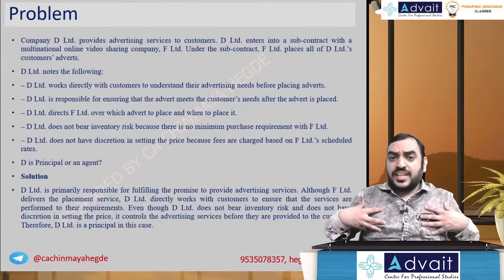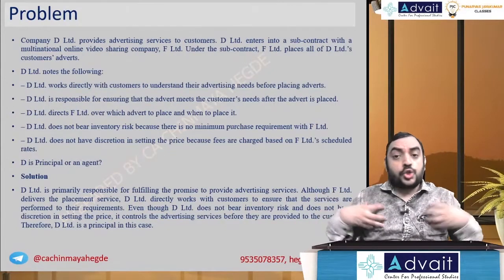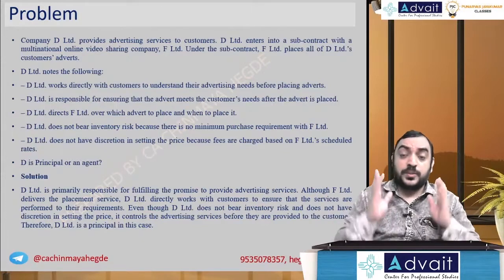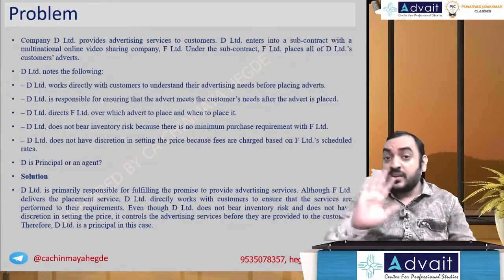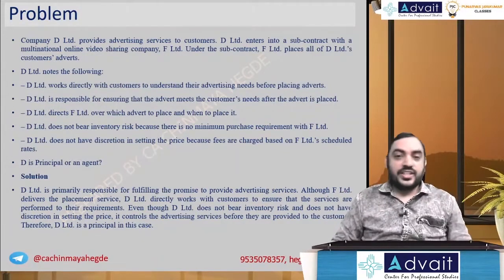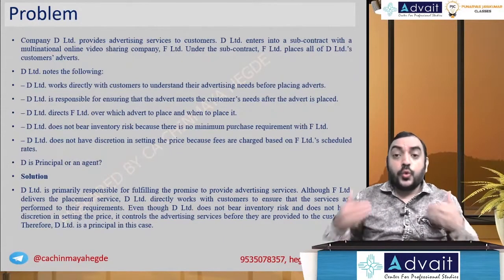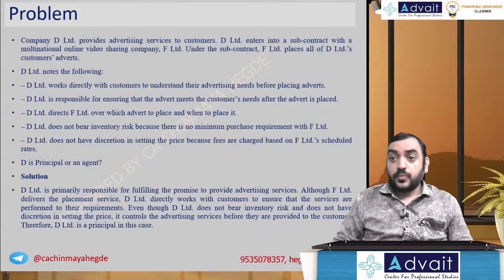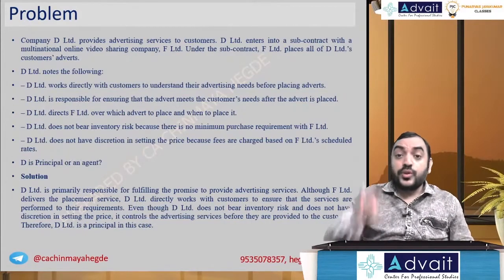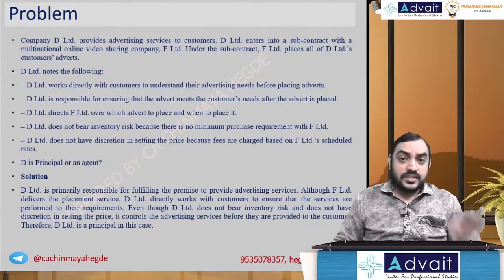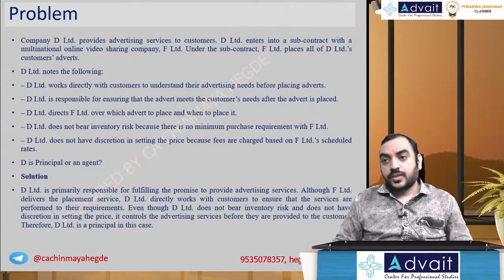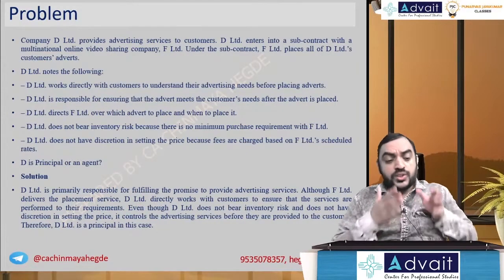Just because D Limited comes in between, you should not say D Limited is an agent. No, intermediary does not mean they are agents. The question comes down to the responsibility part of it. Who takes the risk? Who takes the responsibility? And who is ultimately liable? If the advertisement is not good, who is responsible to deliver?